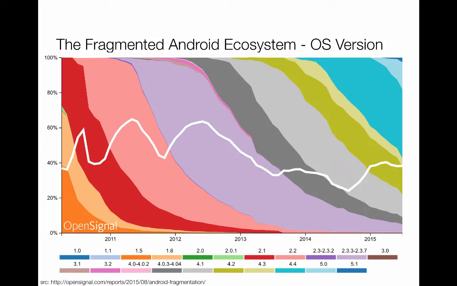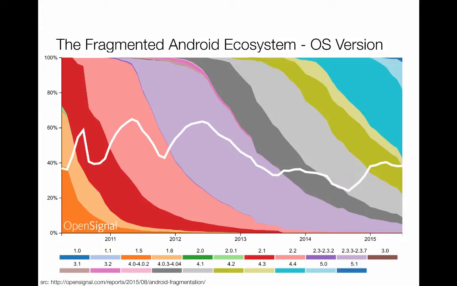Just to show you an example, this is a figure visualizing the fragmentation of the current Android ecosystem. Here each color corresponds to a version of the Android OS, and of course also the Android SDK. This figure was generated in August 2015. At that time, the latest version was still 5.1, but you can see the market share of the latest version is definitely less than 5%, maybe like 2% or something.